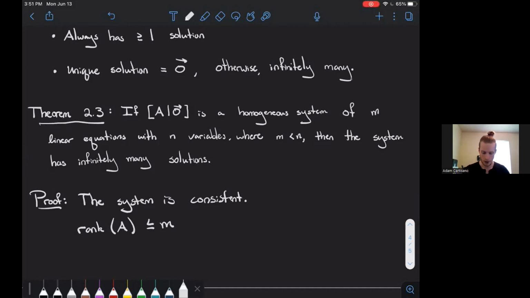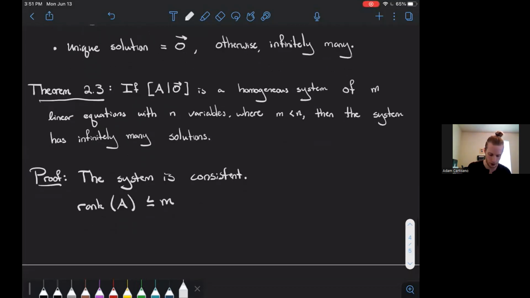But now, the number of free variables. The rank theorem tells us that the number of free variables is precisely n minus the rank. This is just the statement of the rank theorem. But if I subtract the rank of A, that's subtracting a number which is smaller than or equal to m.